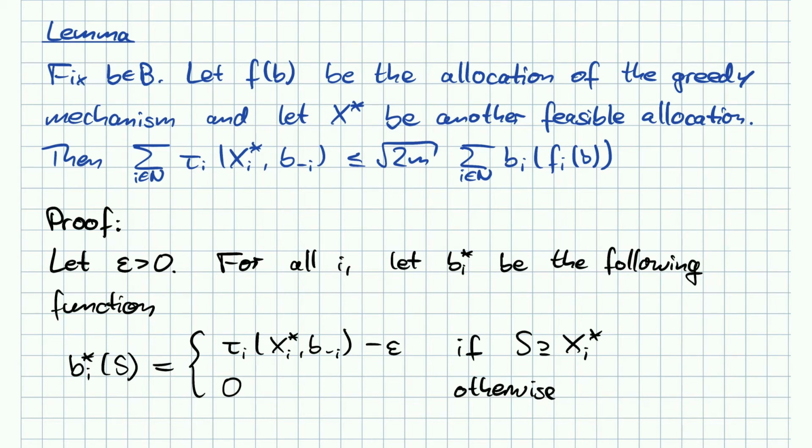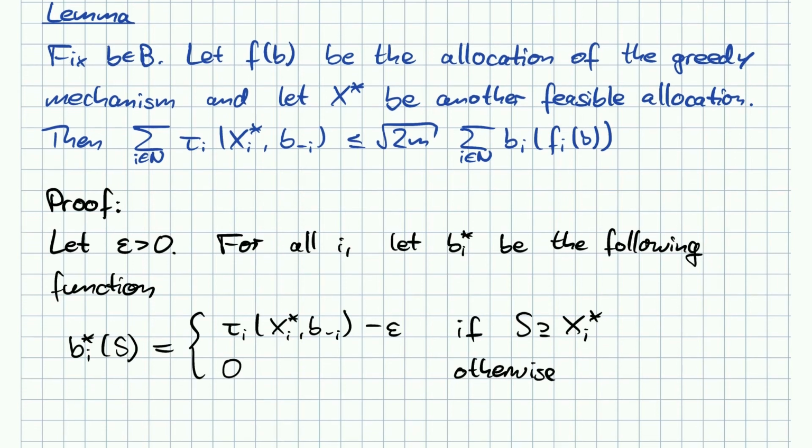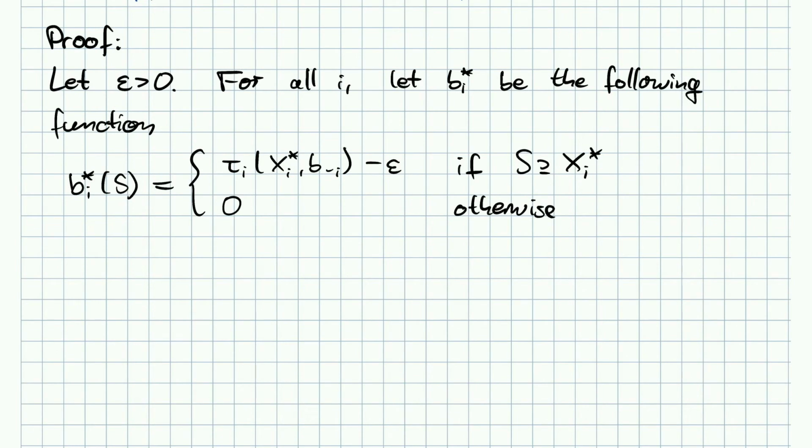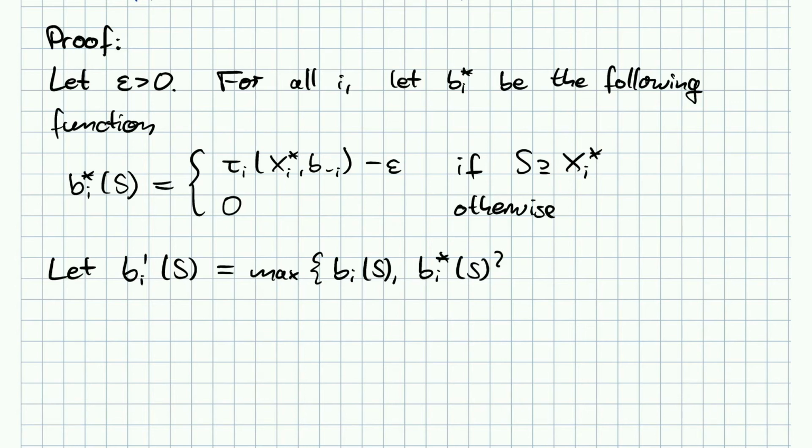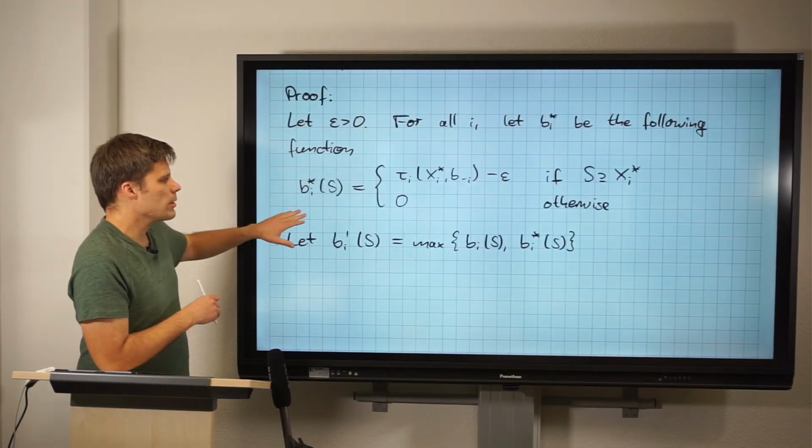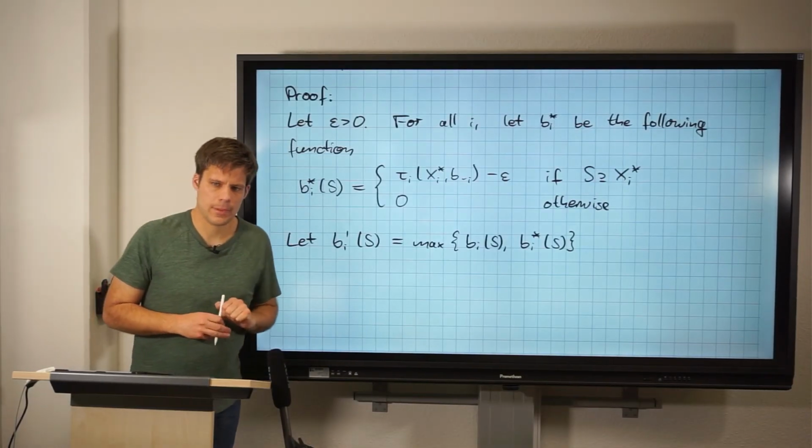And now we'll define one more function, namely b_i prime of S. This will be the maximum of b_i of S and b_i star of S. What is now happening? Here I was arguing you're not getting anything.